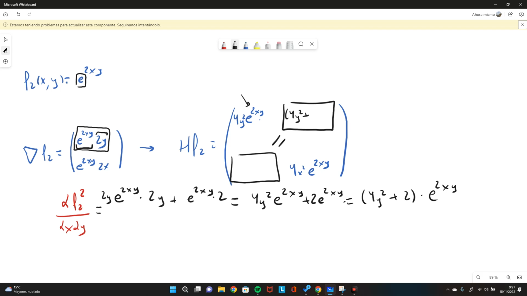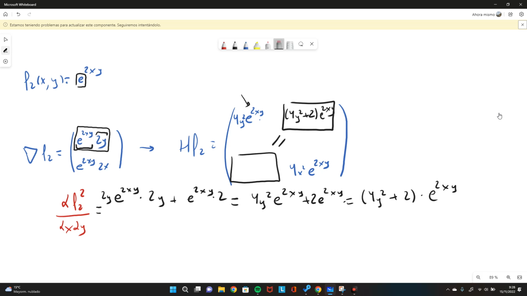4y squared plus 2 times e to the power of 2xy. Oh well, I see, I made a mistake.